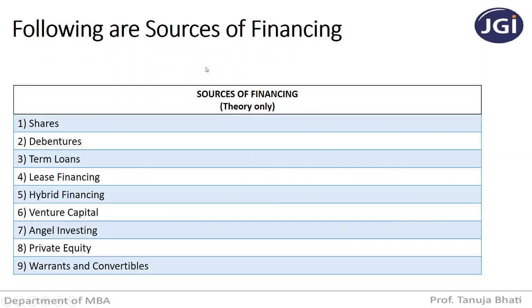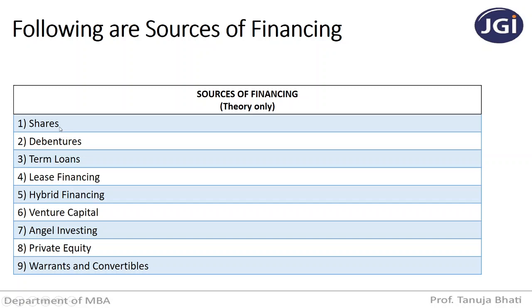Now, we have already understood in our previous slides what is the source of finance. Now, what are the sources through which a company can raise the finance? If a company wants finance, these are the different types of sources through which a company can get the finance.